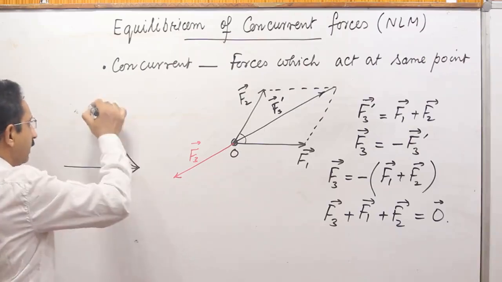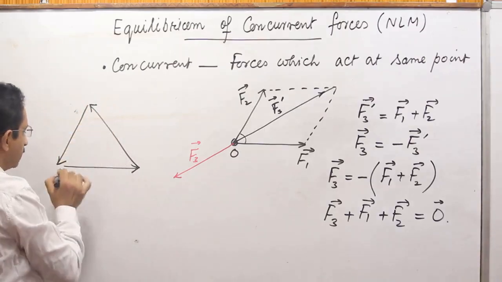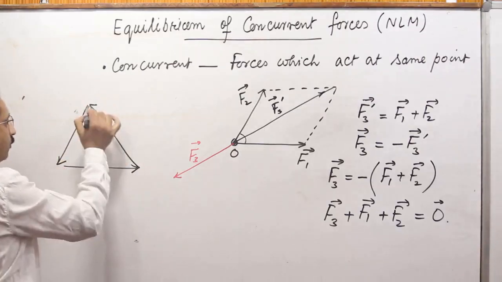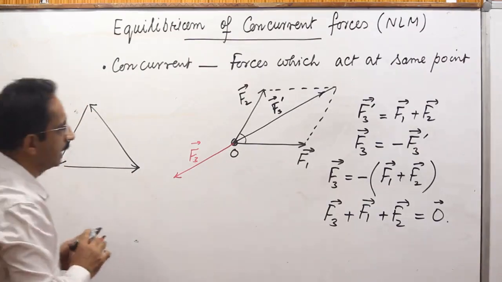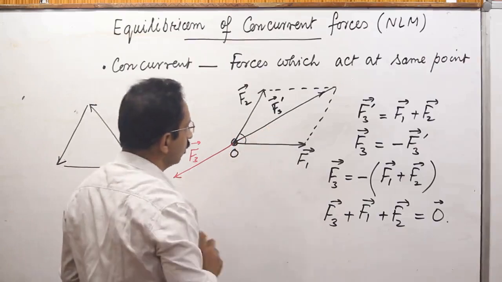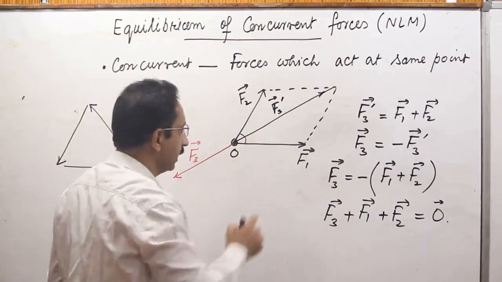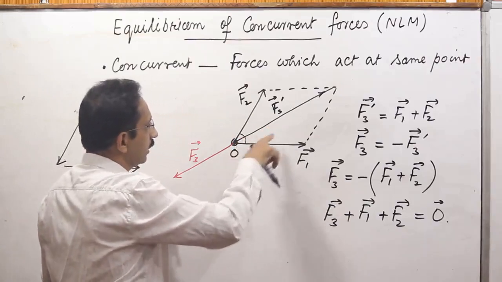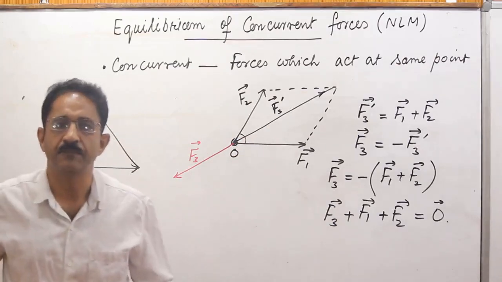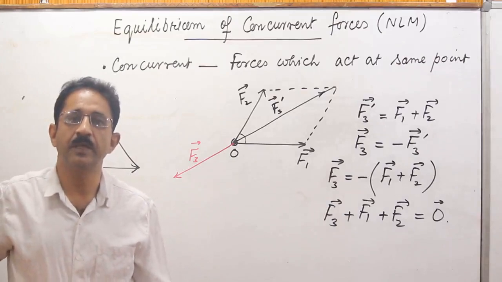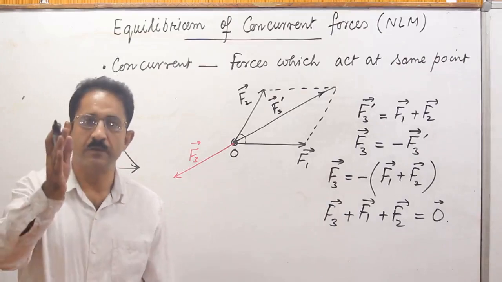In this triangle we have a situation of this type. So if this is F1, this is F2, this is F3. In other words, we have done something like this: just as we can prepare the triangle law for these two, the triangle law would be that the two forces in the same sense, then the resultant is given by the third force in the opposite sense.